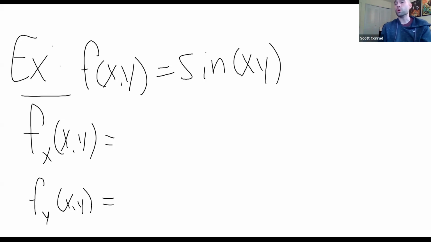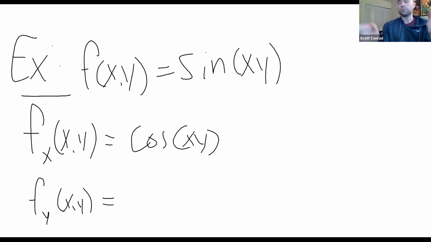So we'd have to use the chain rule. Sine becomes what? Sine becomes cos. So we get cosine of what's inside. But then you have to multiply that by the derivative of the inside.